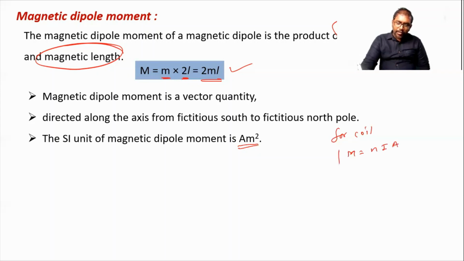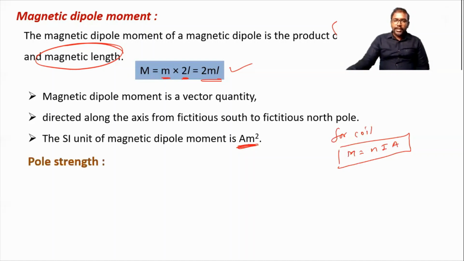N is the number of turns, I is the current, A is the area. The number of turns N has no unit, current unit is ampere and area unit is meter square. So ampere meter square is the unit for magnetic dipole moment.